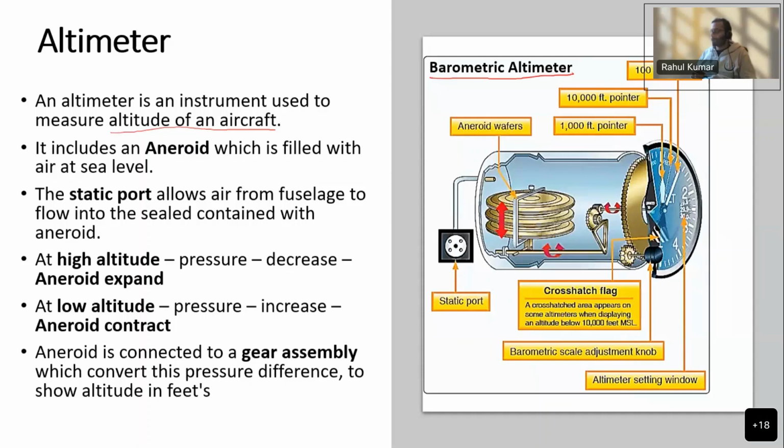Basically it consists of an aneroid, this one here. It consists of an aneroid which is placed inside a sealed container. So this is your sealed container.